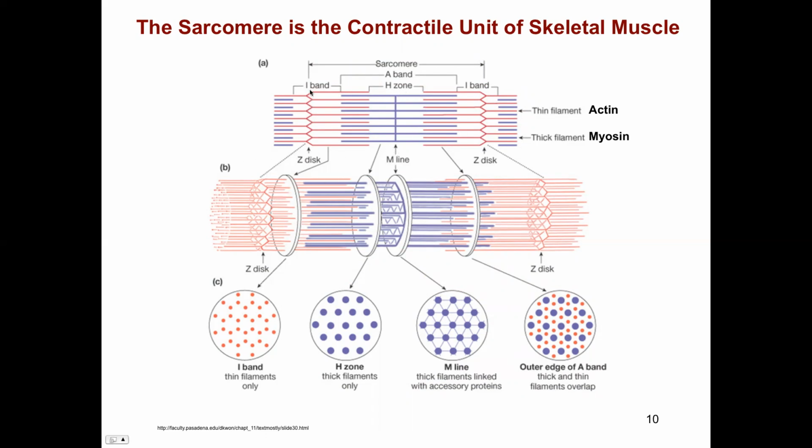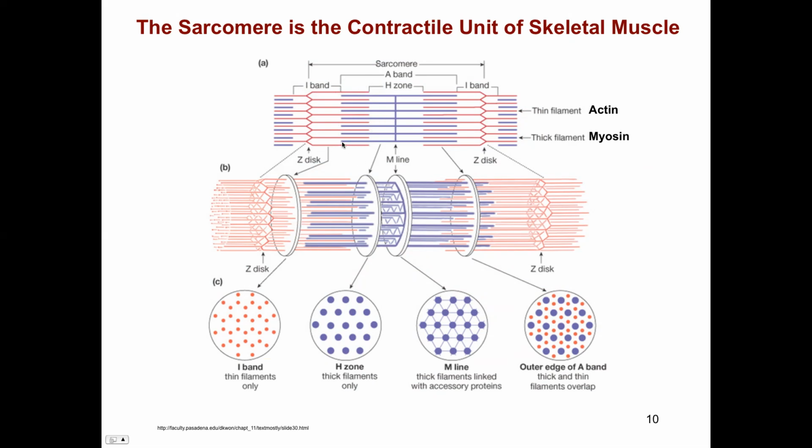On the outside, we have the Z disc, or the Z band, or sometimes the Z line. But if you see Z, that's going to be the outside of the sarcomere, the outer edges. And here is where our thin filaments are being held. You can see that they sort of mesh with each other. Okay, so the actin and the myosin, there's going to be some overlap here. And this is what we need for our contraction.